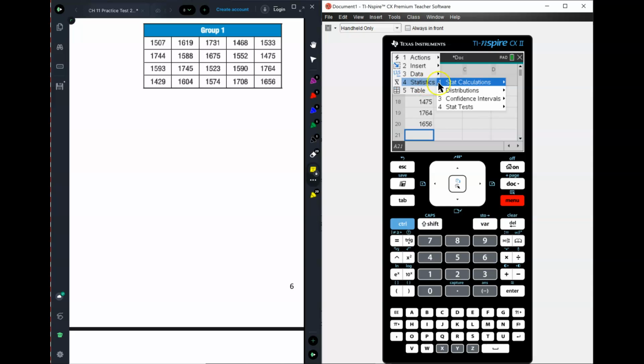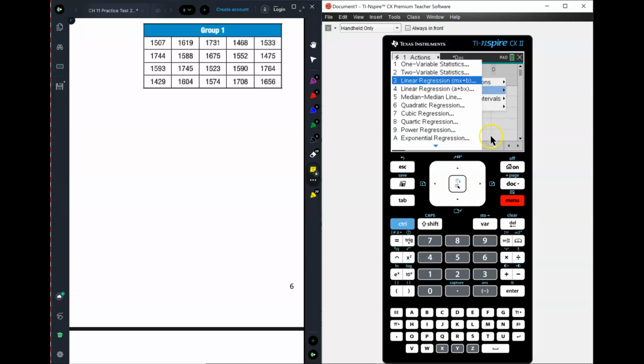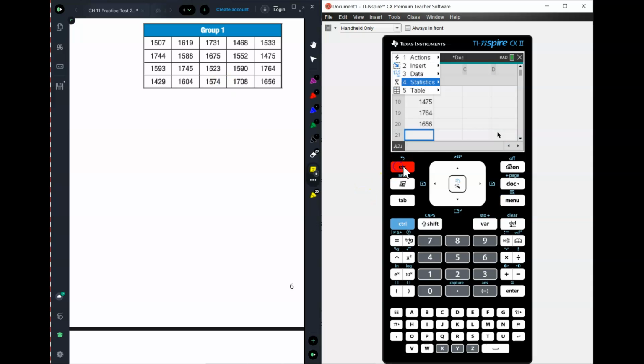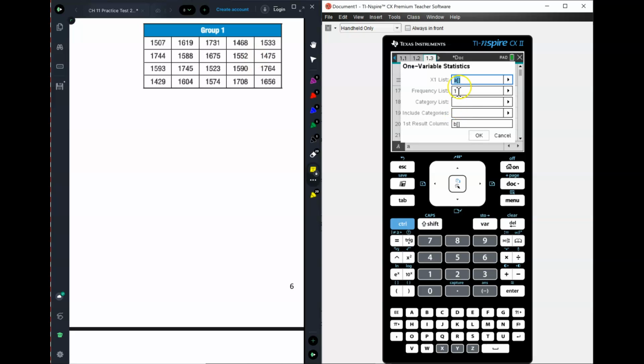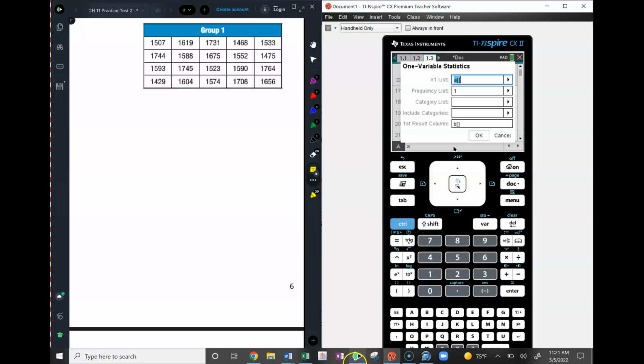Menu, statistics. Okay, so naming this, I'm just going to name it A. Is that okay? Okay, so statistics, stat calculations, and you're not going to forget how to do this because whatever we're going to do, you're going to do it the same way. Look at what this is telling you. Is this the list, is it in column A?